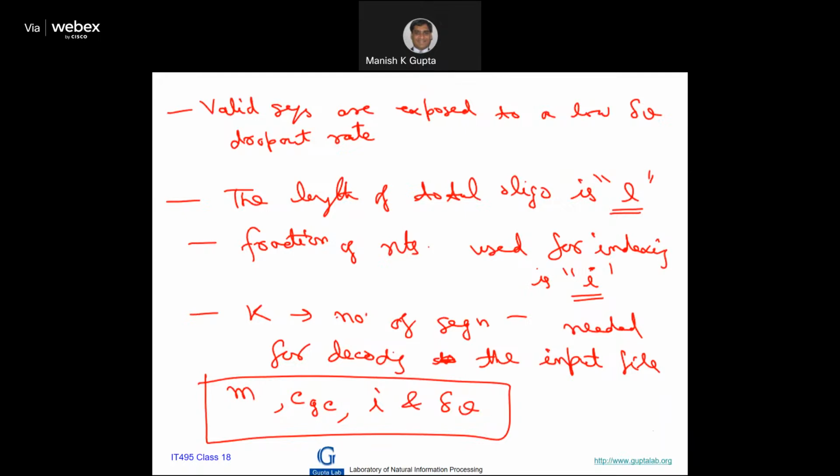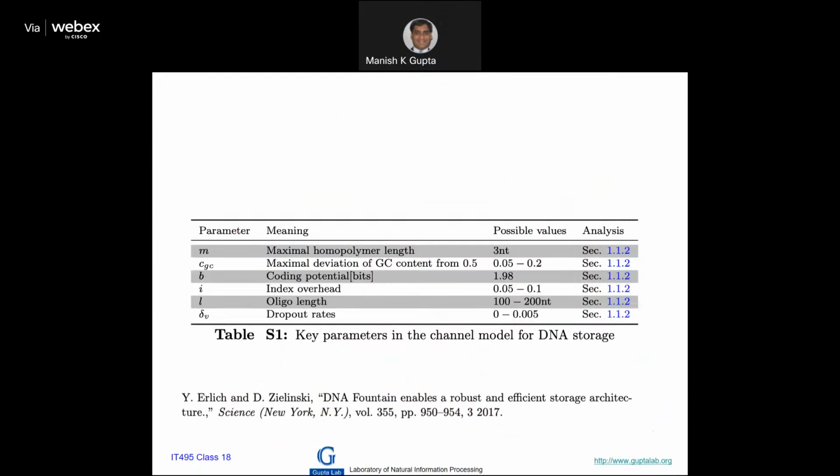I, the length of the index. And delta V, the dropout rate while we are doing the PCR. The dropout rate depends on how many cycles of PCR we are doing; it varies over that. So these are the key parameters.